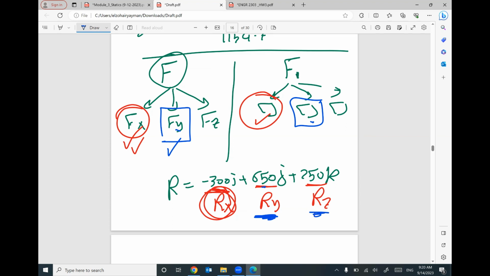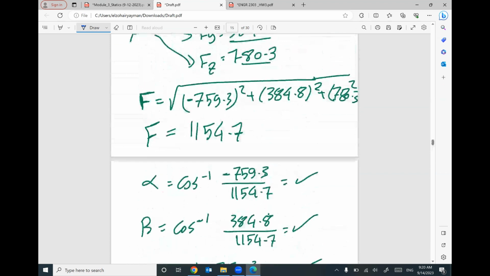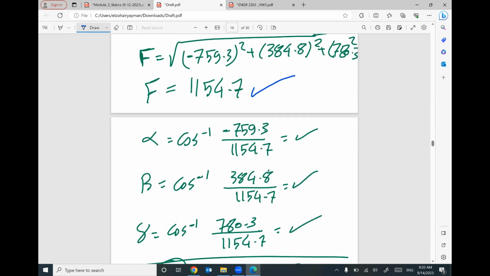Also, Rz equals this component plus this component, so they equal 250. By the end, I can figure out the three components of your force, then the force itself, and the angles for this force as well.